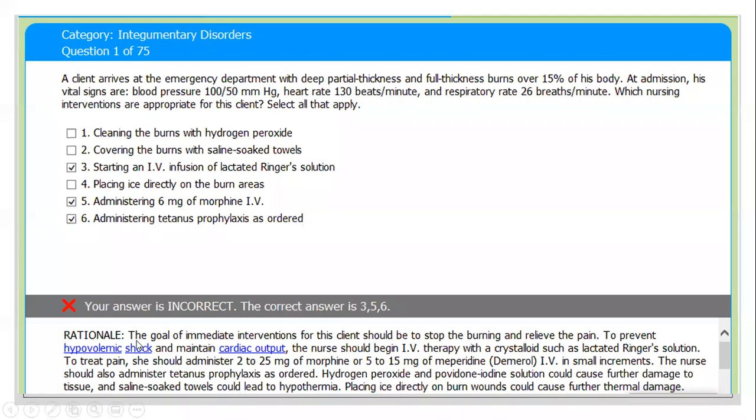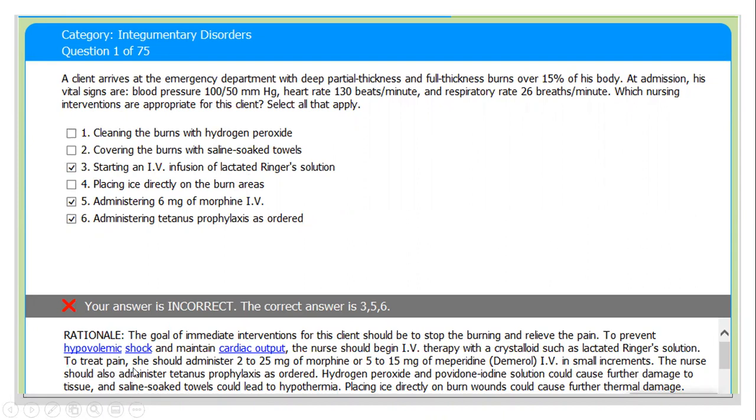And shock leads to death. So we need to give them replacement of fluid. So, IV infusion. What kind of solution do we use? We use lactated Ringer's solution. Frequently asked question on the NCLEX board.